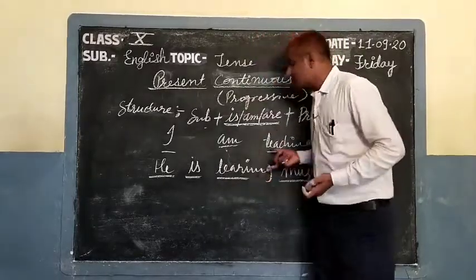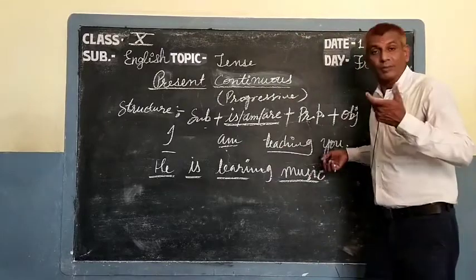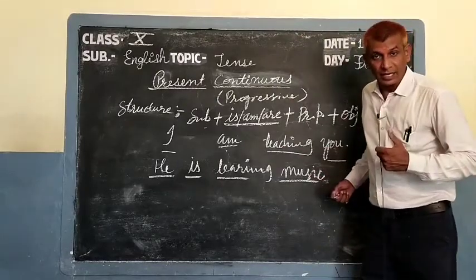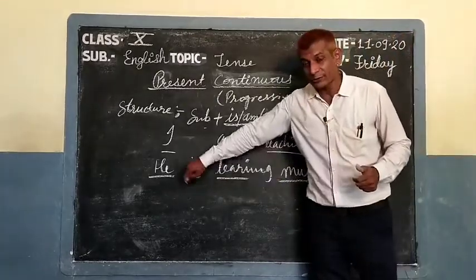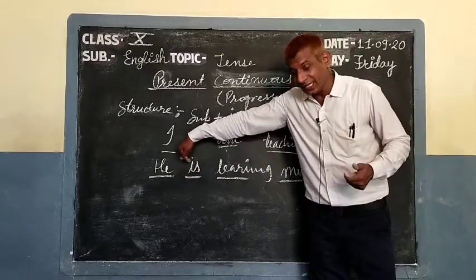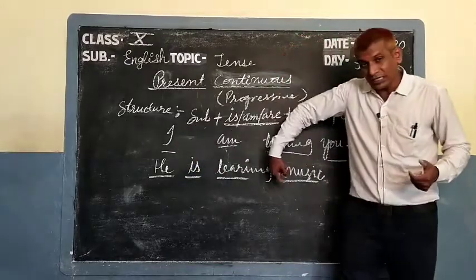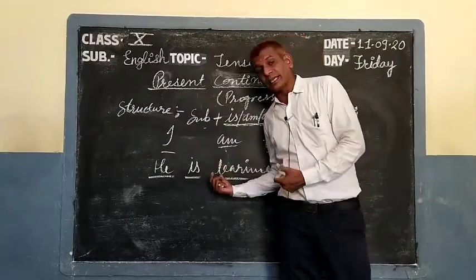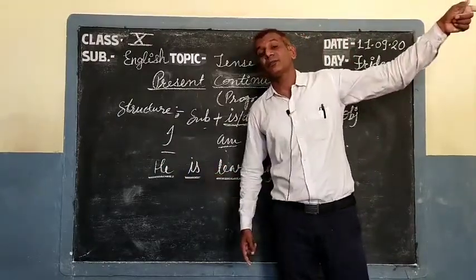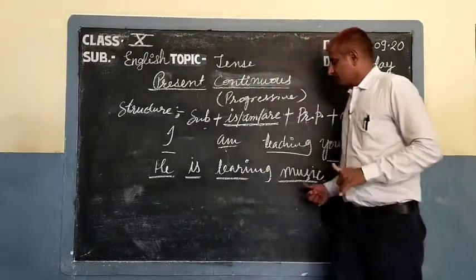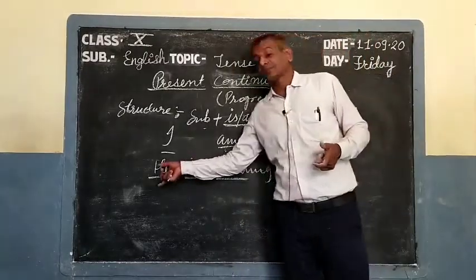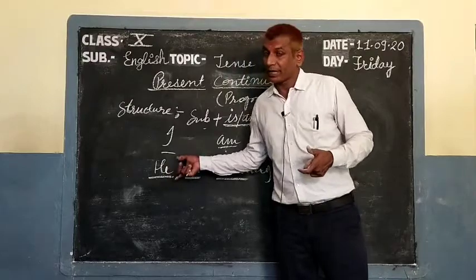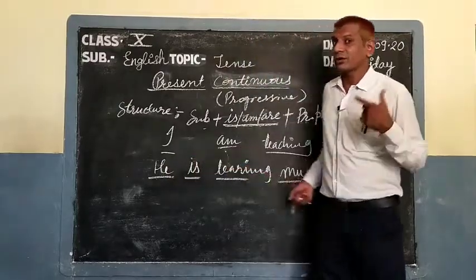The sentence structure is of present continuous. It's not necessary to be at the time of speaking. I'm saying he is learning music; it does not mean that at this time, when I'm speaking the sentence, he is learning music. No. But the structure says it is present continuous, present progressive.